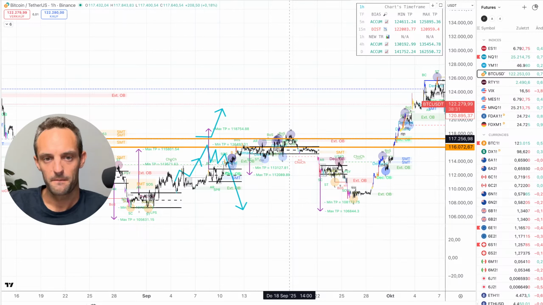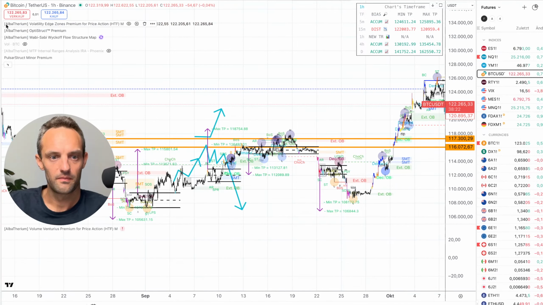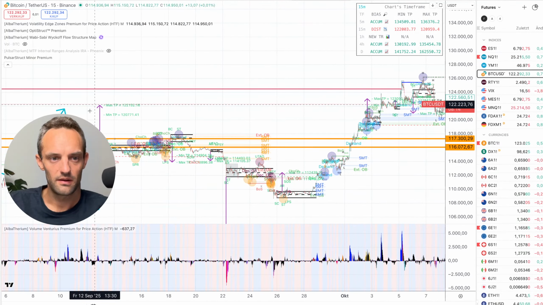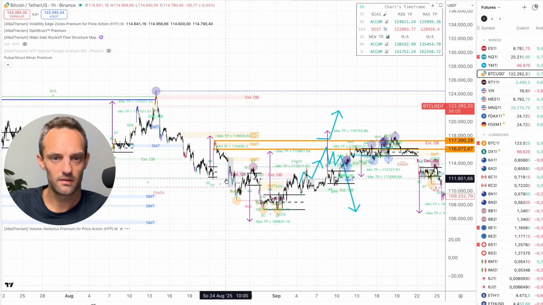Where's the volume indicator? Oh, we have some problem with the volume indicator. There we go. We have the 50-minute bar. I think in the 50-minute candle it was not the absorption. It was in the 1 hour chart as well.